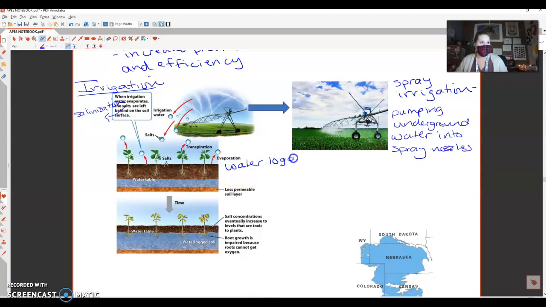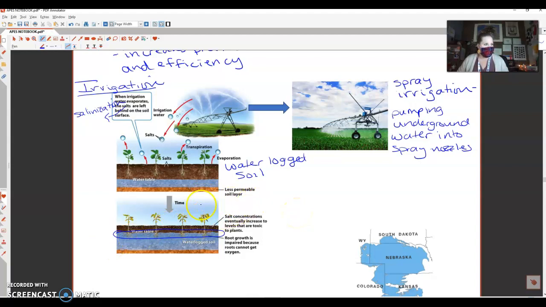So, waterlogged soil. If you use too much water, it literally sits there underground. It can't be absorbed. The roots are submerged, okay, right here, waterlogged soil. The roots are submerged and the plants will die because they're not meant to be constantly submerged in water, okay?